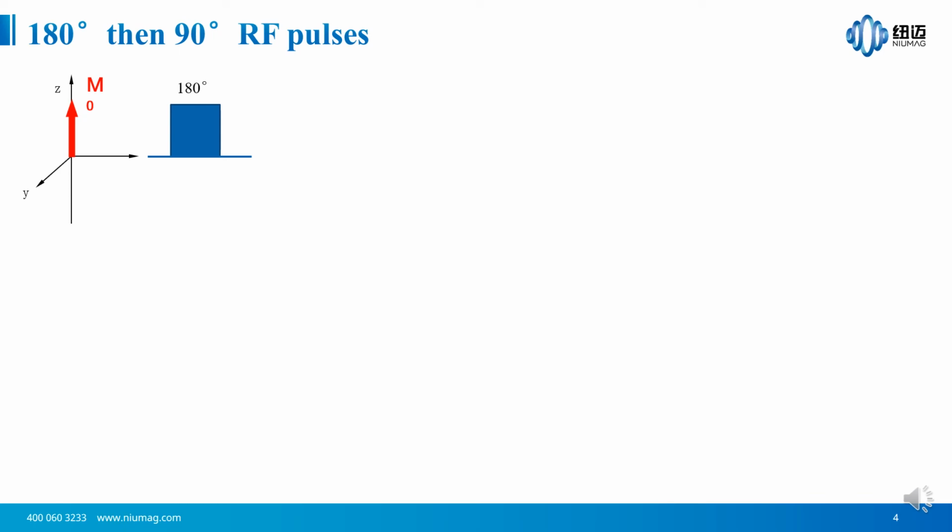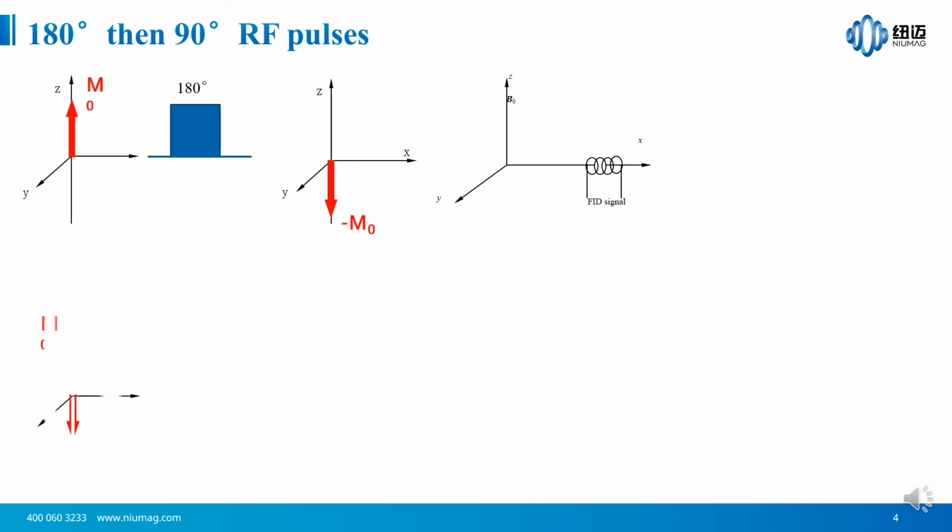After the 180 degrees pulse, the longitudinal magnetization vector M0 is deflected to the minus z axis, forming a reverse magnetization vector, and the coil cannot detect the NMR signal at the time. After a period of time, the longitudinal magnetization vector recovers from minus M0 and the transverse magnetization vector is 0.